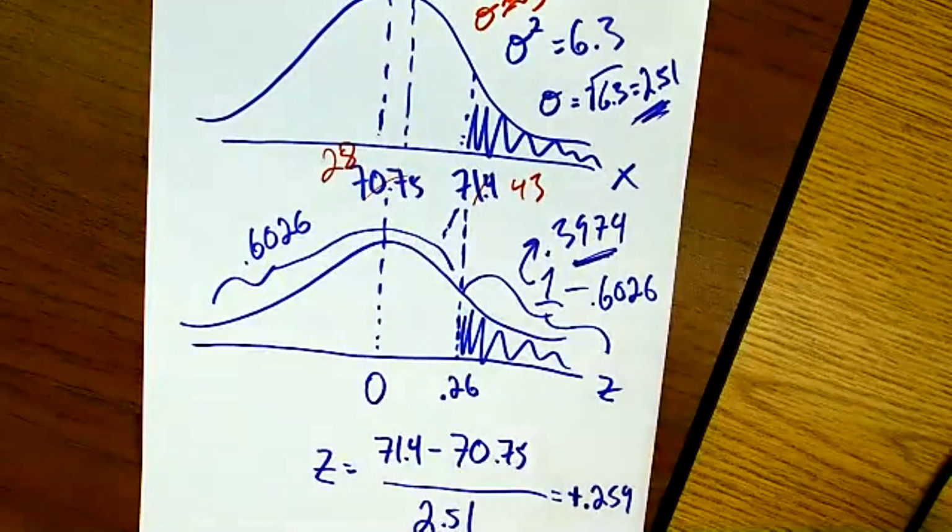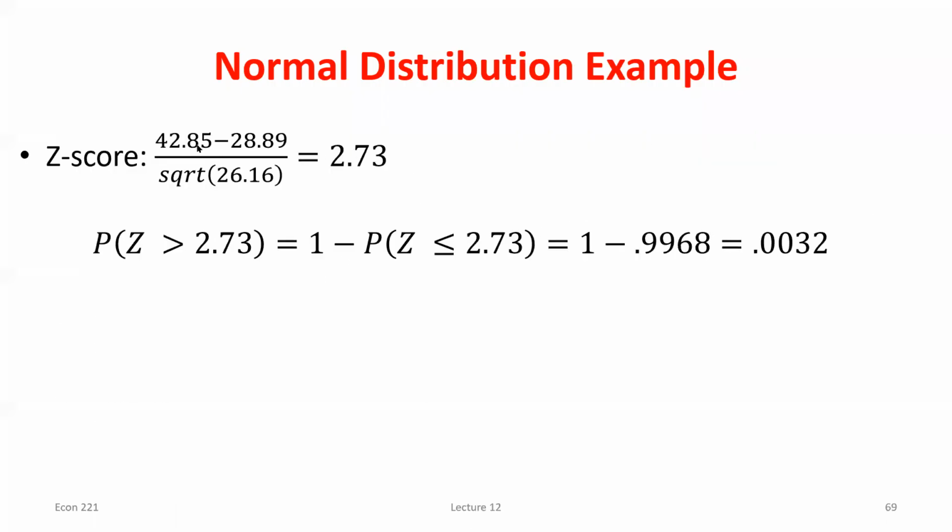So if I find my z-score by plugging in the value I'm interested in, 43, the mean, and I could use the standard deviation, or I could just put in the square root of the variance. It's the same thing. I actually get a z-score of 2.73. So that's pretty far away, 2.7 standard deviations away from the mean.